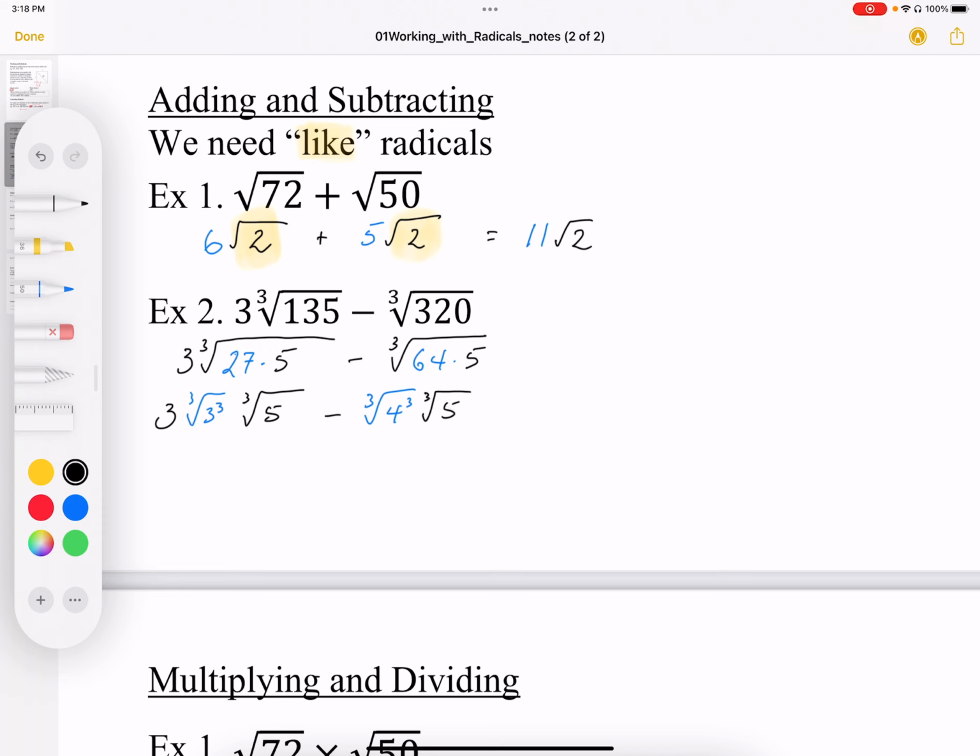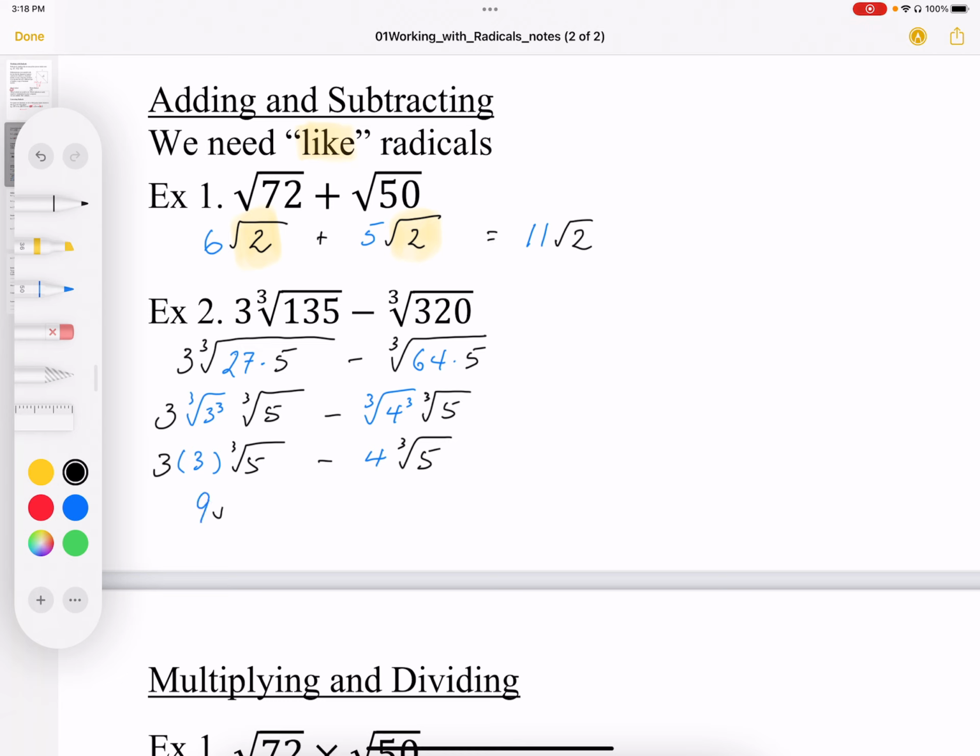So simplifying this then, we end up with 3 times 3, those undo each other, cube root 5 minus the cube and cube root undo each other, so we end up with 4, and then left over is cube root 5. So this becomes 3 times 3 is 9.